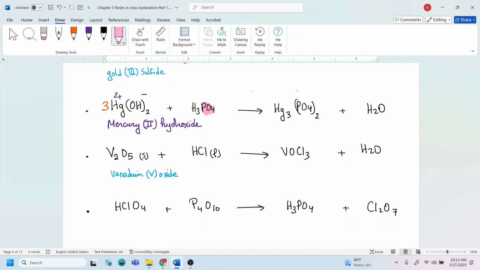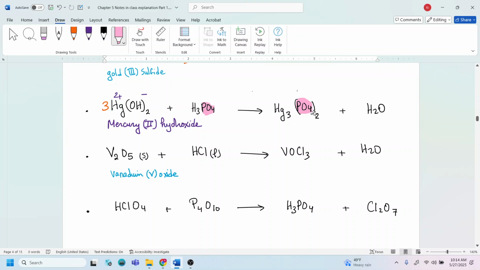If the polyatomic ion remains a polyatomic ion in the product, just balance it as a polyatomic ion. It's different than this OH. I'm starting with an OH as a polyatomic ion, but that is basically decomposed into hydrogens and oxygens. So the OH did not remain as a polyatomic ion, but the PO4 did. So if it did, just balance it as it is.